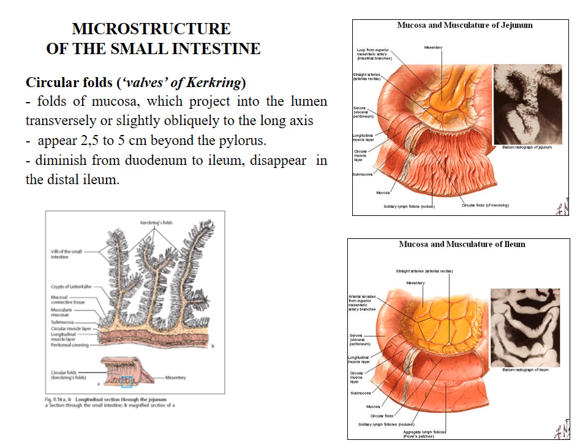Then circular folds diminish from duodenum to the ileum and almost disappear completely in the distal ileum. These are circular folds, only small and few. This is the circular folds in the jejunum, and in the duodenum they are the most prominent and numerous.